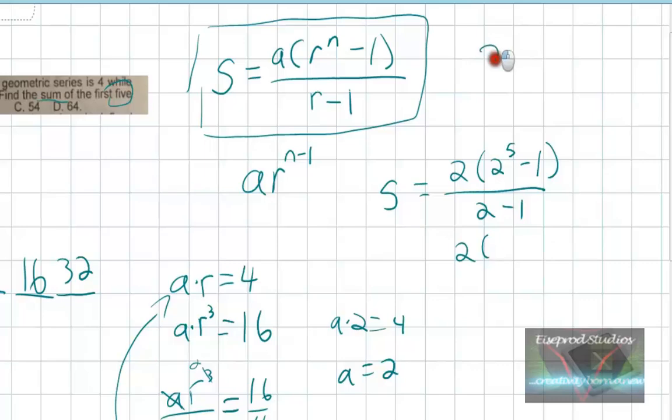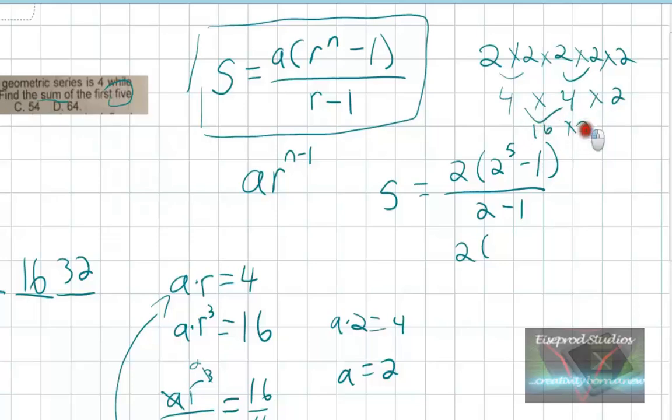Well, let's figure out what that is: 2 times 2 times 2 and times another 2. 1, 2, 3, 4, 5. Good. So we'll have 4 times 4 times 2. 4 times 4 is 16, times 2 is 32. Okay, so we'll have 32 for the 2 to the 5th, minus 1 is 31, and it's all going to be over 1, because 2 minus 1 is 1.